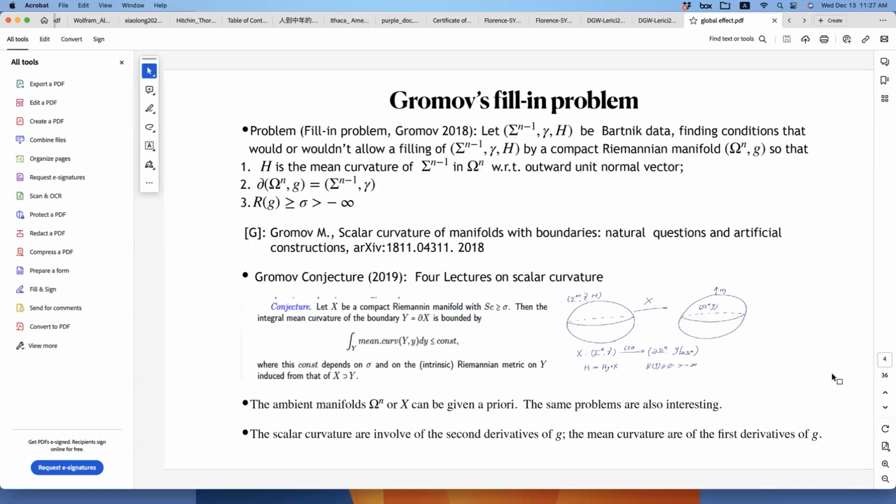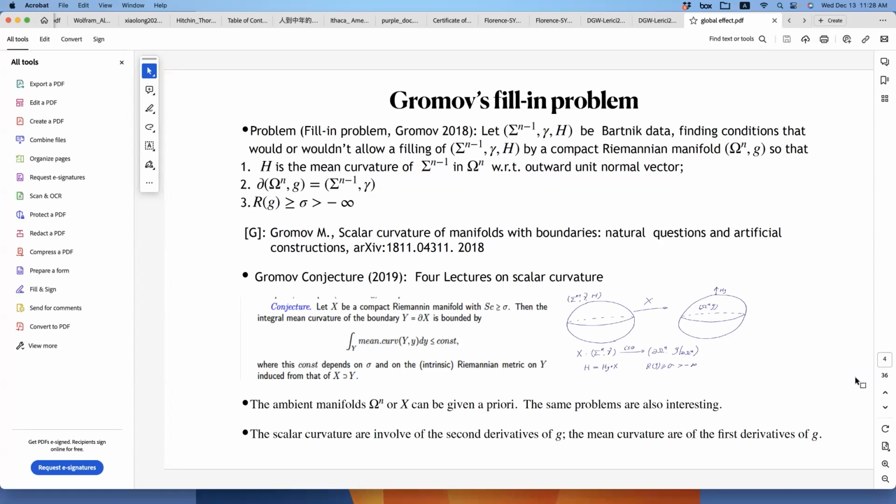The problem is to find conditions so that this triple, which is called binding data, would or wouldn't allow a filling by a compact Riemannian manifold (Omega, g), so that H is the mean curvature of Sigma in Omega with the outward unit normal vector, and the boundary data of Omega is (Sigma, gamma). Here, Sigma is a given closed manifold, gamma is a given Riemannian metric, and the scalar curvature is at least sigma, where sigma is the lower bound of scalar curvature.